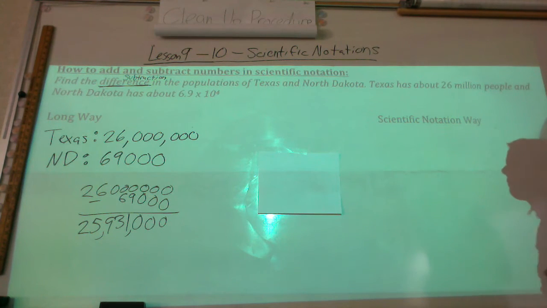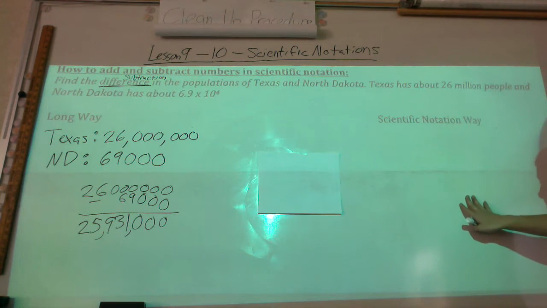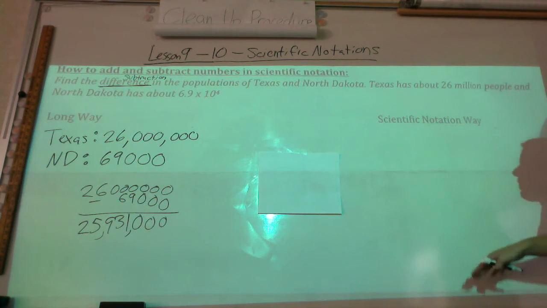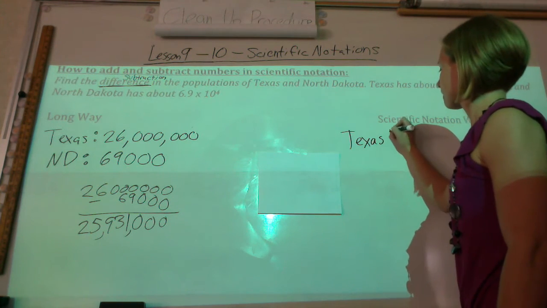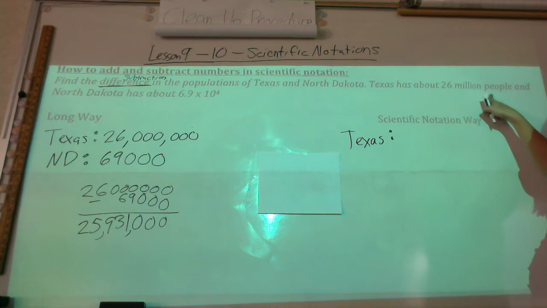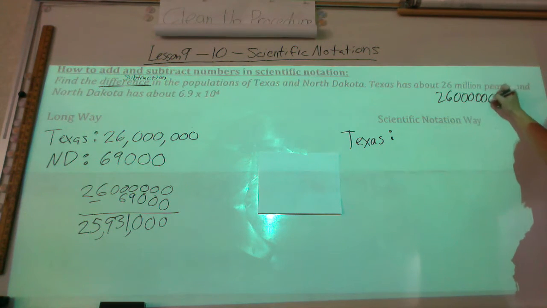So obviously, if this is the scientific notation way, I probably need both numbers in scientific notation. So let's change Texas. Texas is 26 million. Now the decimal is right here.